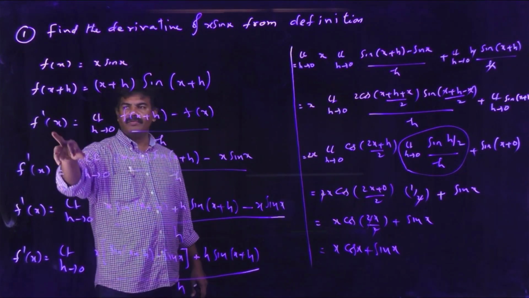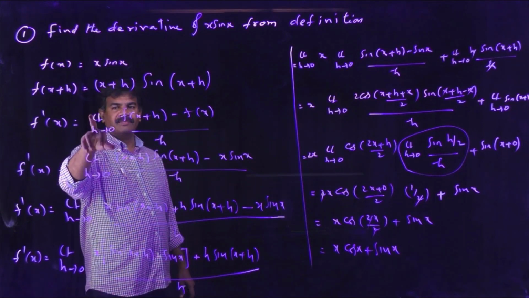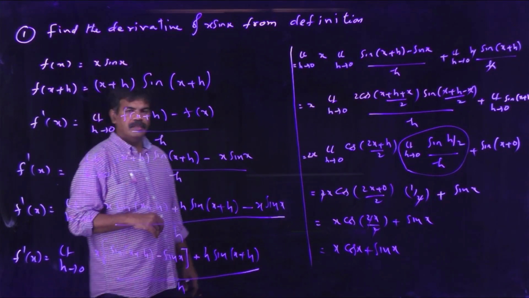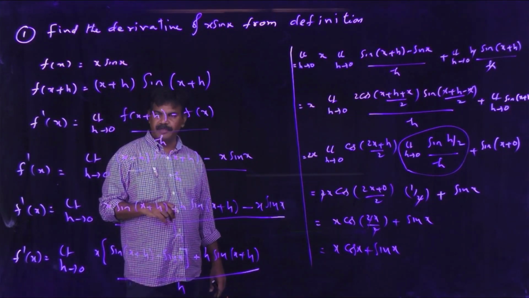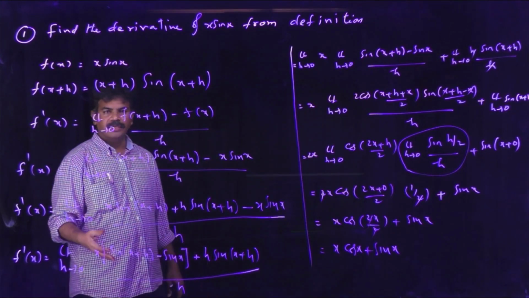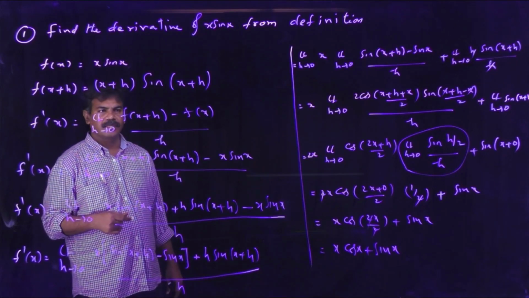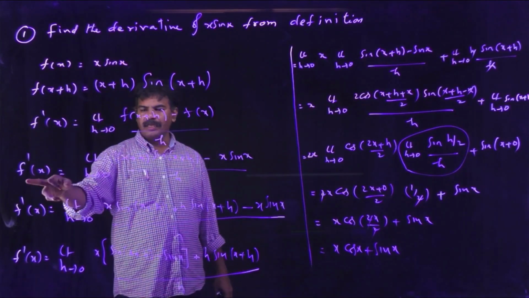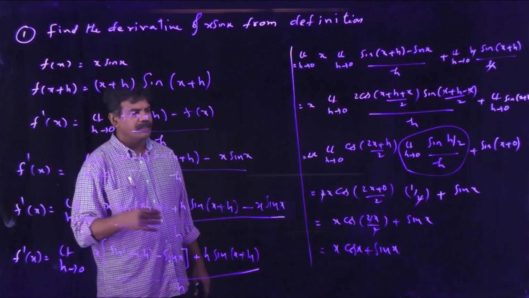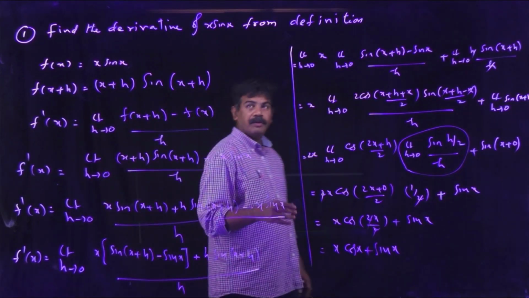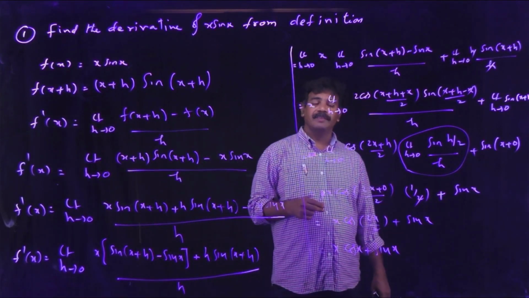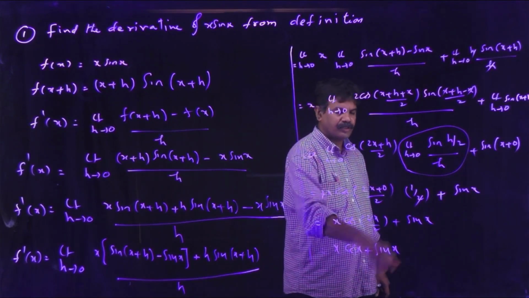Now we know f dash x is equal to limit h tends to 0 f of x plus h minus f of x by h. So all the values, that is f of x plus h and f of x, are substituted in f dash x. After simplification, we get the derivative of x sin x from the definition, that is x cos x plus sin x.